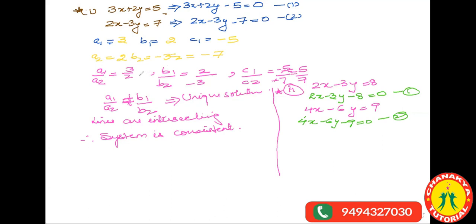So we are checking just this: whether the system is consistent or not. The first equation we have taken is 3x plus 2y is equal to 5. Aman, are you listening now? I'm explaining it once again, okay? See, 3x plus 2y is equal to 5 and 2x minus 3y is equal to 7.